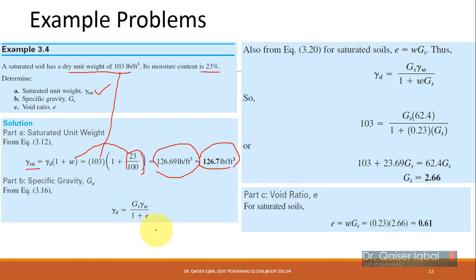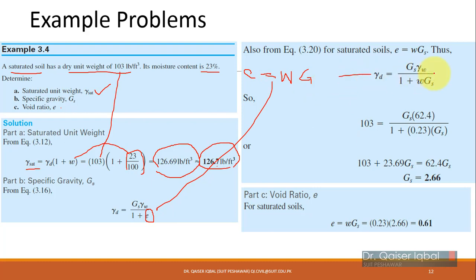Because we don't know the void ratio, there are two unknowns here. But for fully saturated soil, S into E is equal to W times Gs, and S is equal to 1, so E will be equal to W times Gs. So you can replace E with W times Gs in this equation.